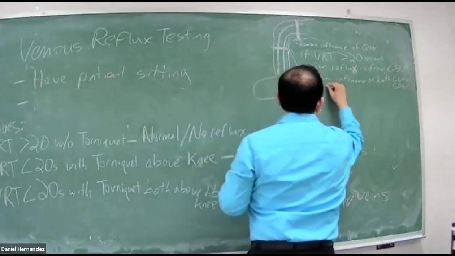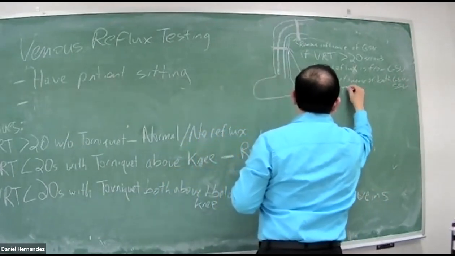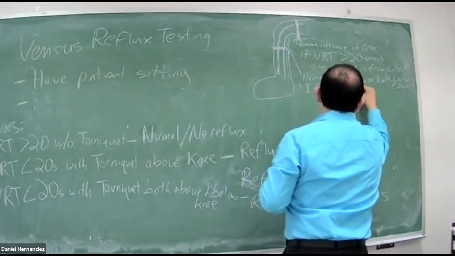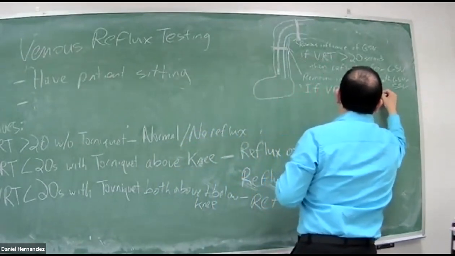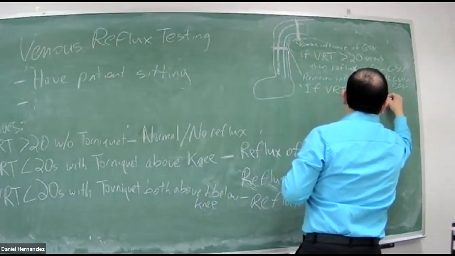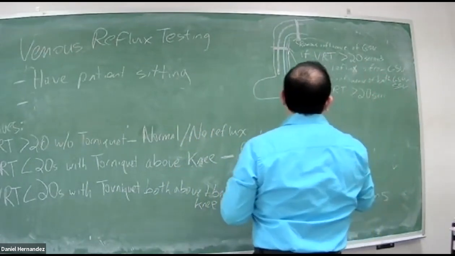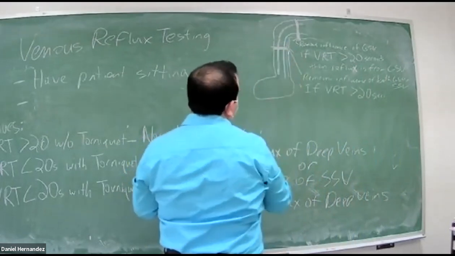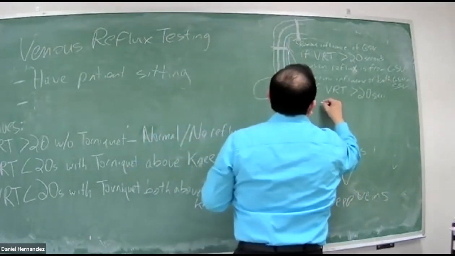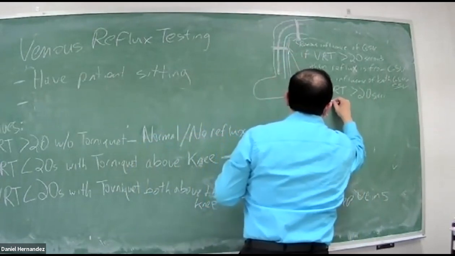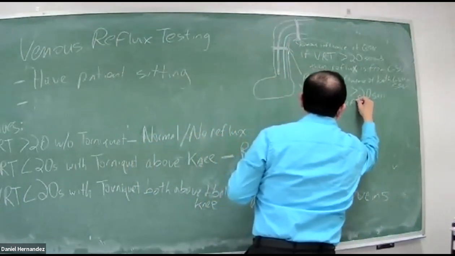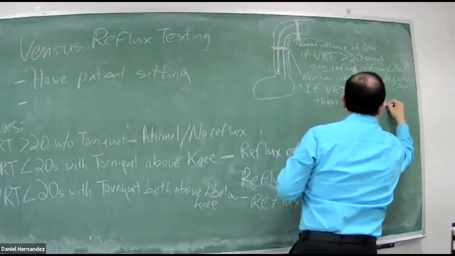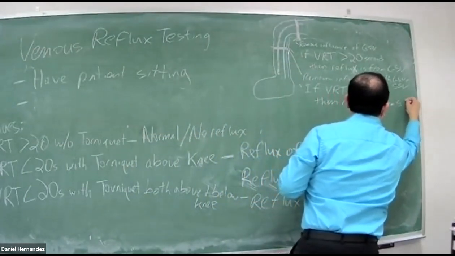If VRT is now greater than 20, so if we return back to a normal VRT after we place the cuff here now, then the reflux is from the small saphenous vein.